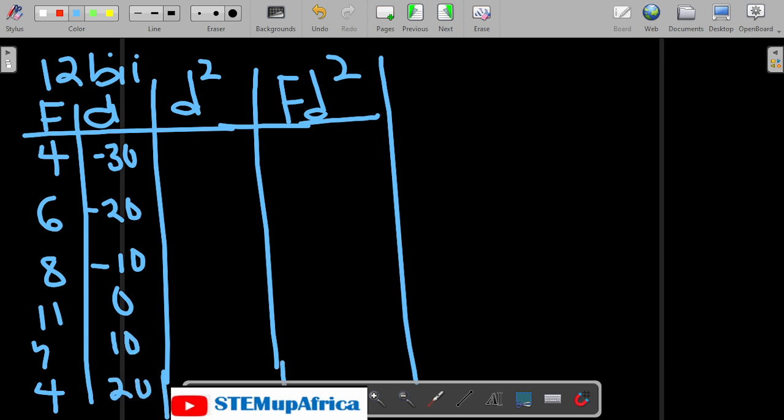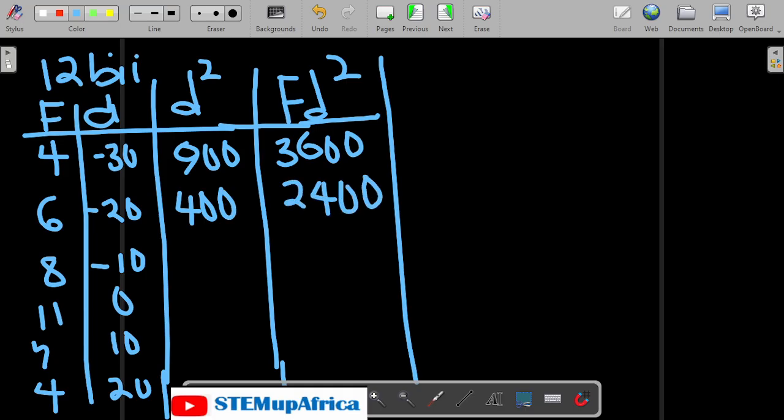So let's square each of them. Minus 30 squared gives us 900. Then 4 times 900 gives us 3,600. Minus 20 squared is 400. 6 times 400 gives us 2,400.